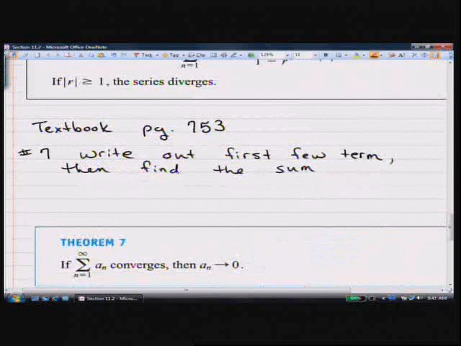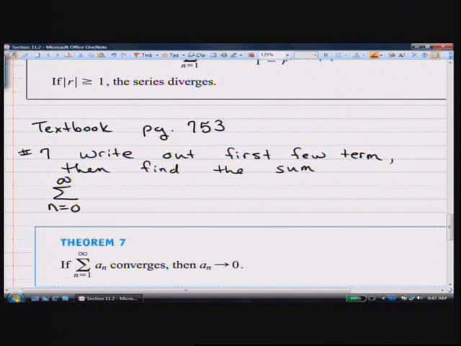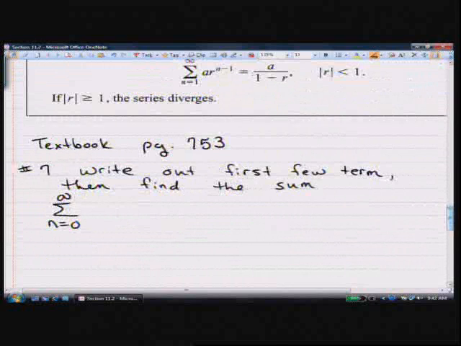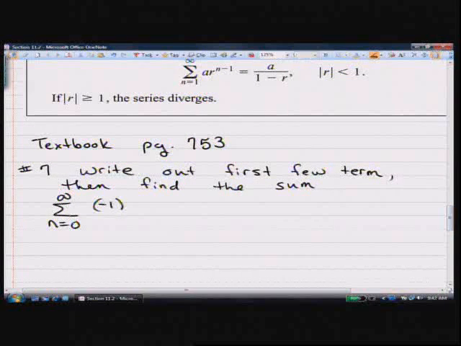All right, so we have the sum as n goes from 0 to infinity of -1 to the n over 4 to the n. Okay? So let's see.